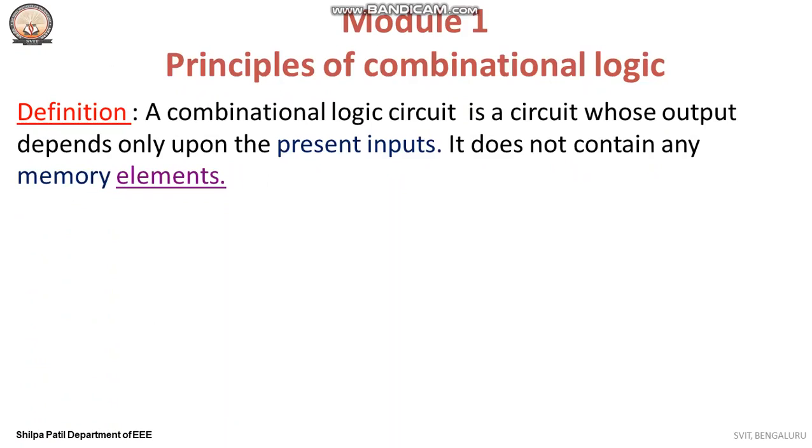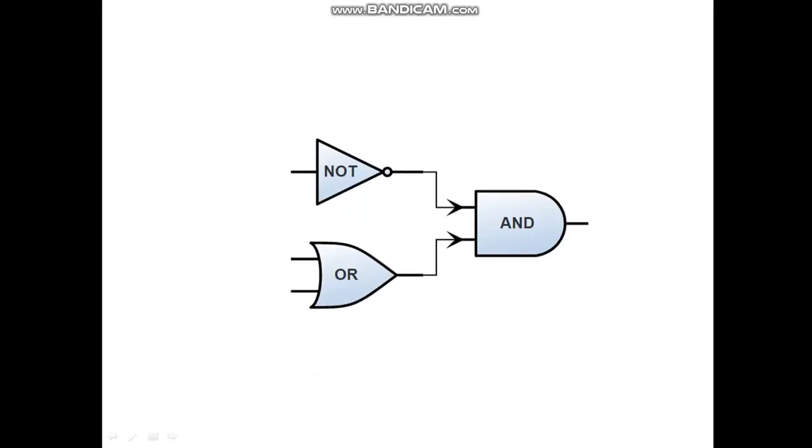The combinational logic circuit is a circuit whose output depends only upon the present input. That is, suppose I consider this circuit. This is a combination of three logic gates, NOT, OR, and AND.